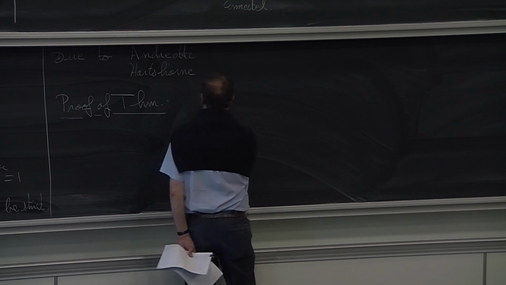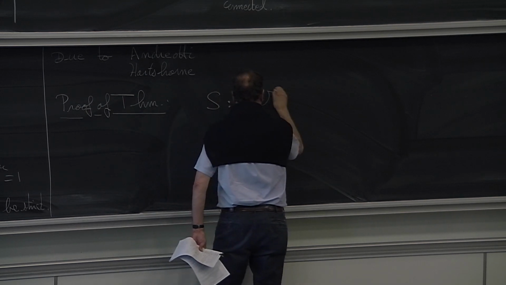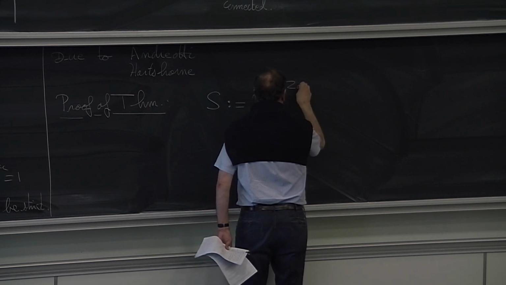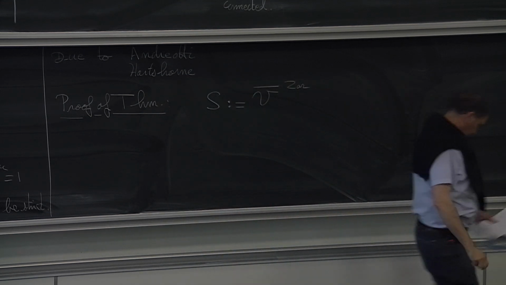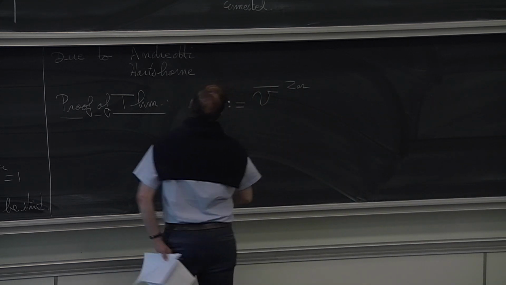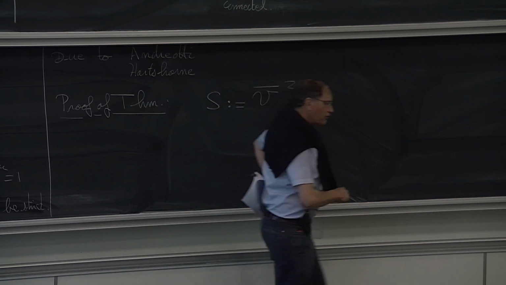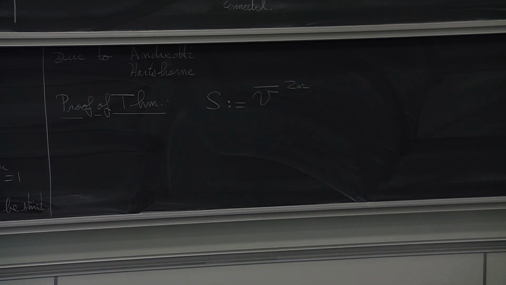Okay, let us give a name, say S, to this Zariski closure. Well, maybe it's not completely clear that the Zariski closure depends only on the germ of the surface around C. It will become clear in the proof.